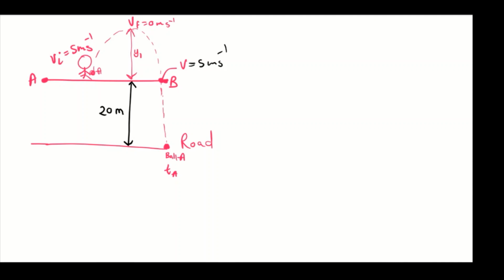So now we are going to find the time of ball A at the road. For us to find this, we first need to identify the time it will take the ball to reach this maximum height, and then after that we'll go straight to the bottom, the road.